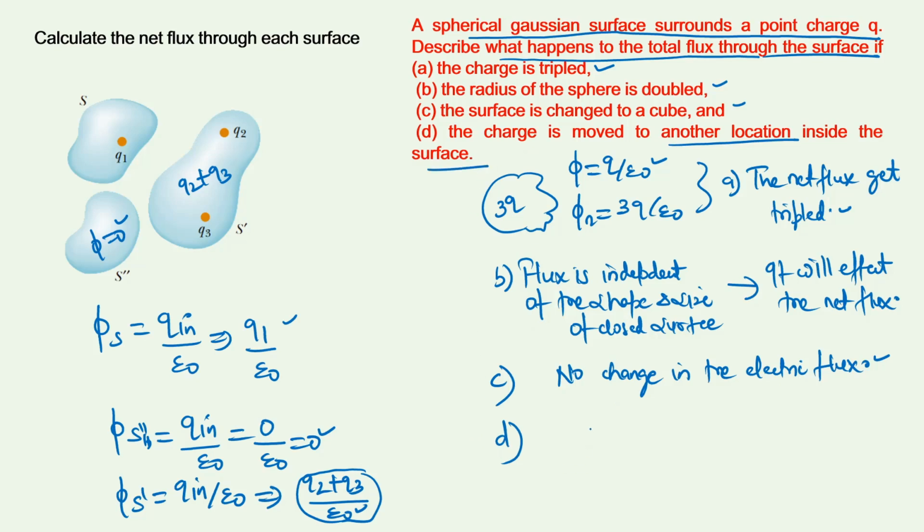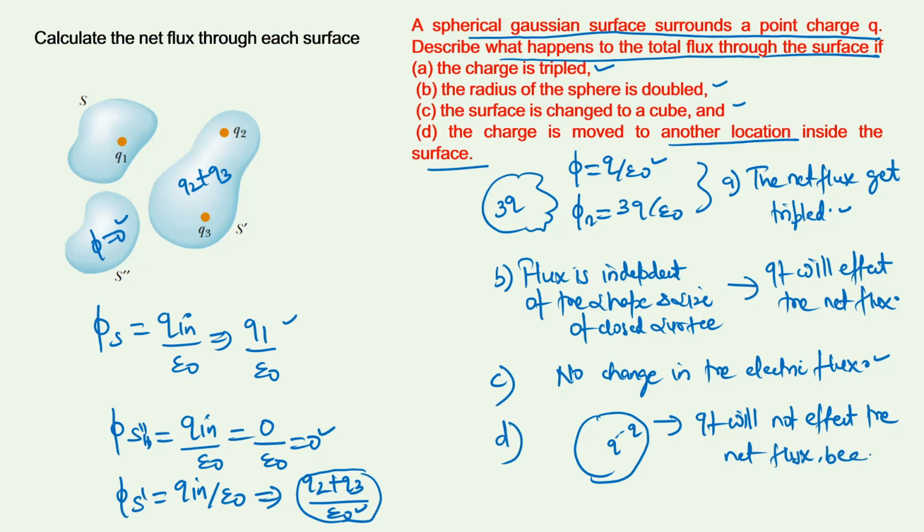If we move the charge from this point to this point, it will not affect the net flux, because the amount of charge remains unchanged.